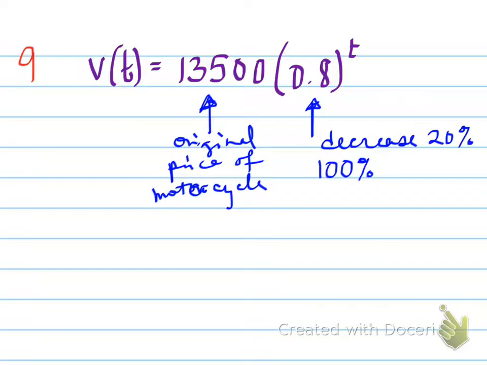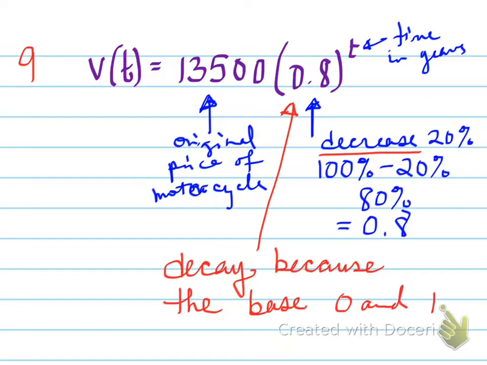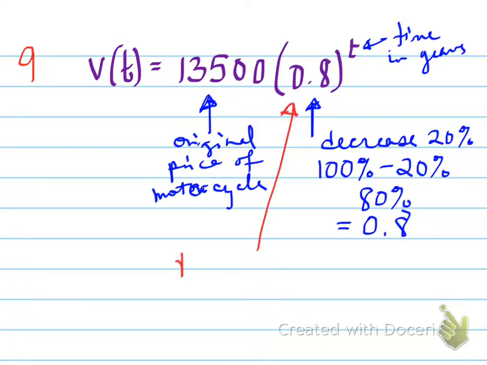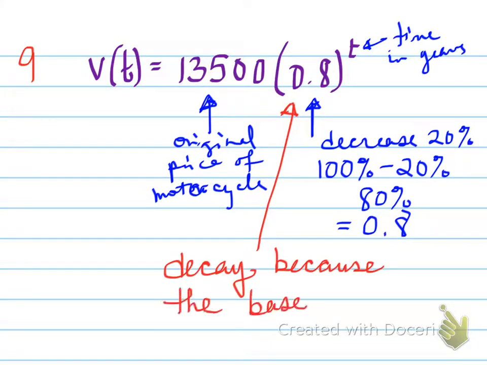Well, if you decrease by 20%, that means you have 80% left of your particular product. So to do that, we need to convert that 80% to a decimal. 80% as a decimal is equal to 0.8. And that t represents the time in years.